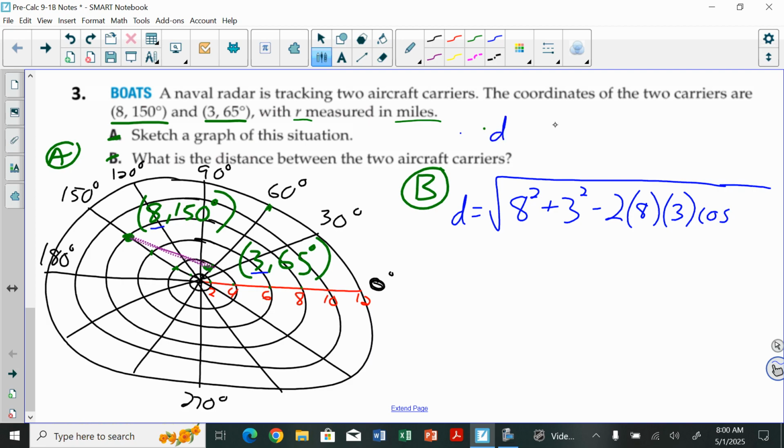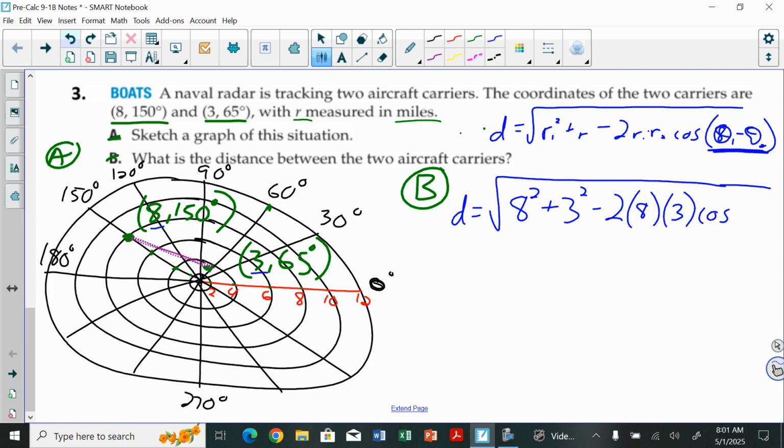Because my formula, again, is R1 squared plus R2 squared minus 2 times R1 times R2 times the cosine of theta 1 minus theta 2, or vice versa.